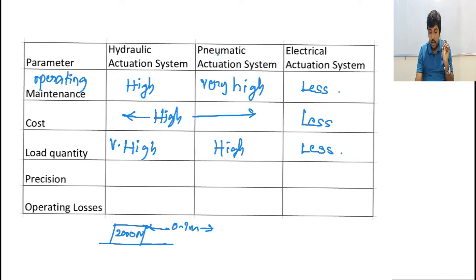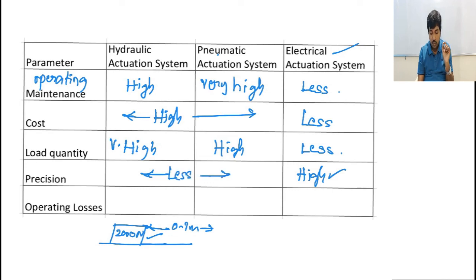Then this task can be done accurately by the electrical actuation system. That means precision is very high, that means accuracy of the movement is very high for the electrical actuation system. But when it comes to hydraulic and pneumatic actuation systems, both are less compared to the electrical actuation system.